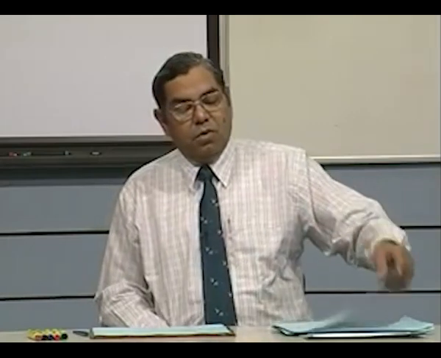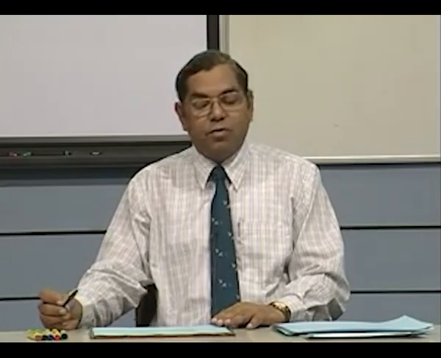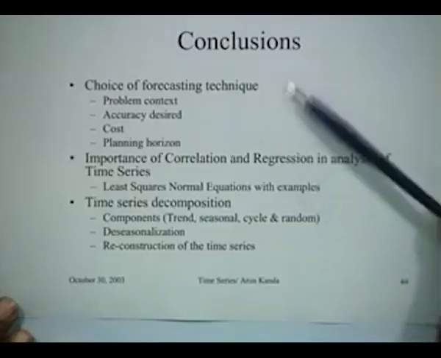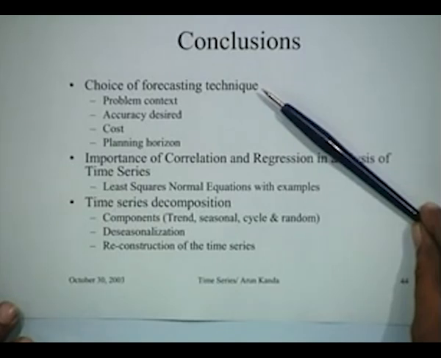So let us try to see some of the major conclusions that we can derive from what we have talked about today. First thing that must be kept in mind is that we have talked about a number of different forecasting procedures. We have talked about regression, we have talked about time series decomposition and so on.